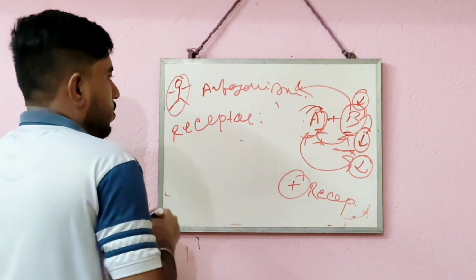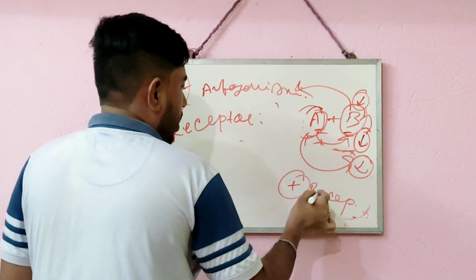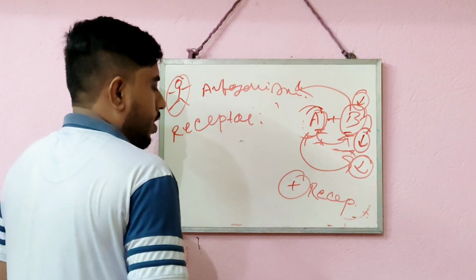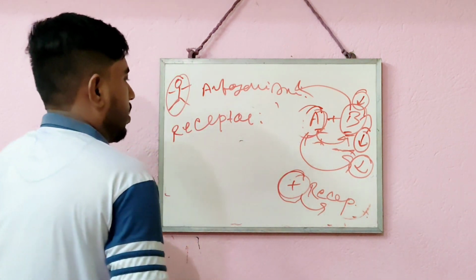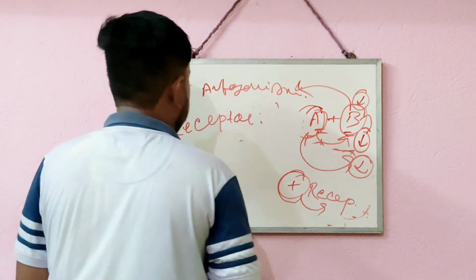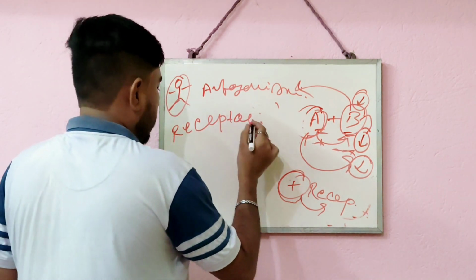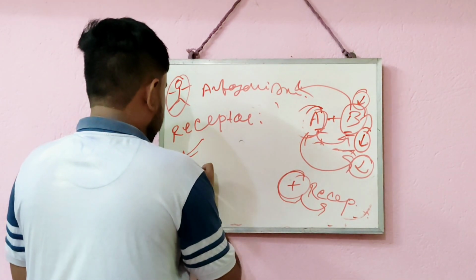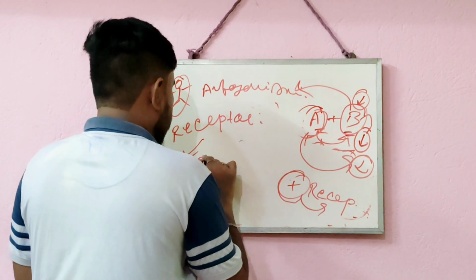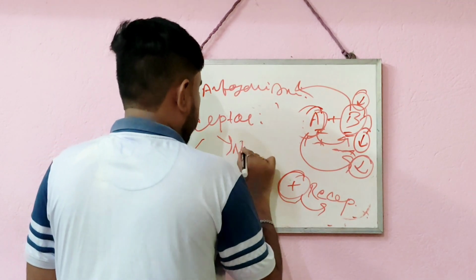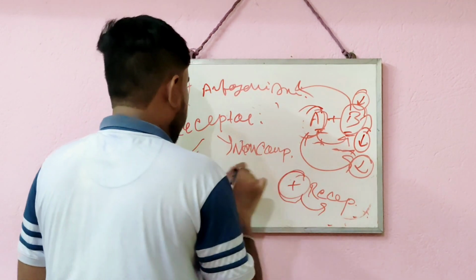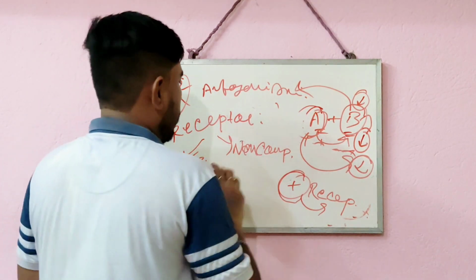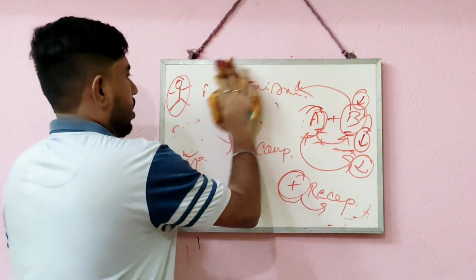So here one drug inhibits the action of another drug by binding with a specific receptor. Here also receptor antagonism is classified into two parts: one is competitive and another one is non-competitive. I am going to discuss the specific competitive and non-competitive types in the next slide.